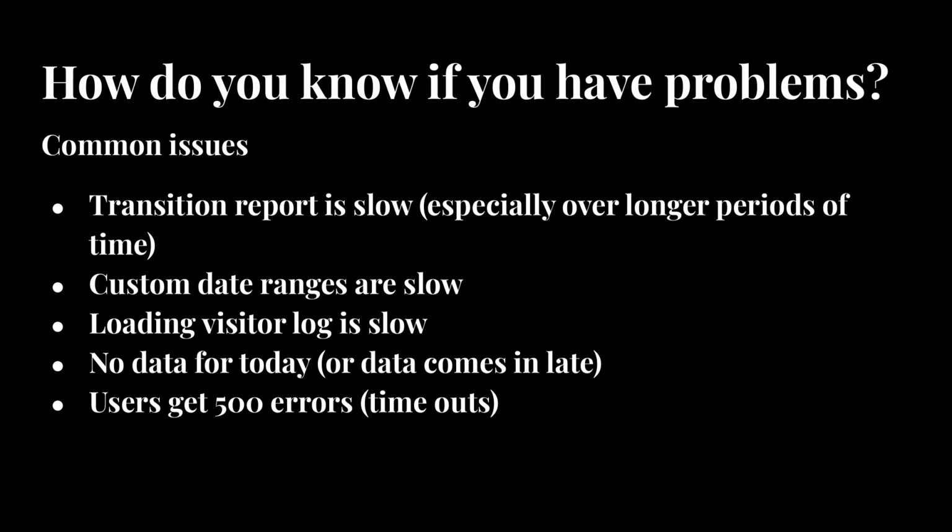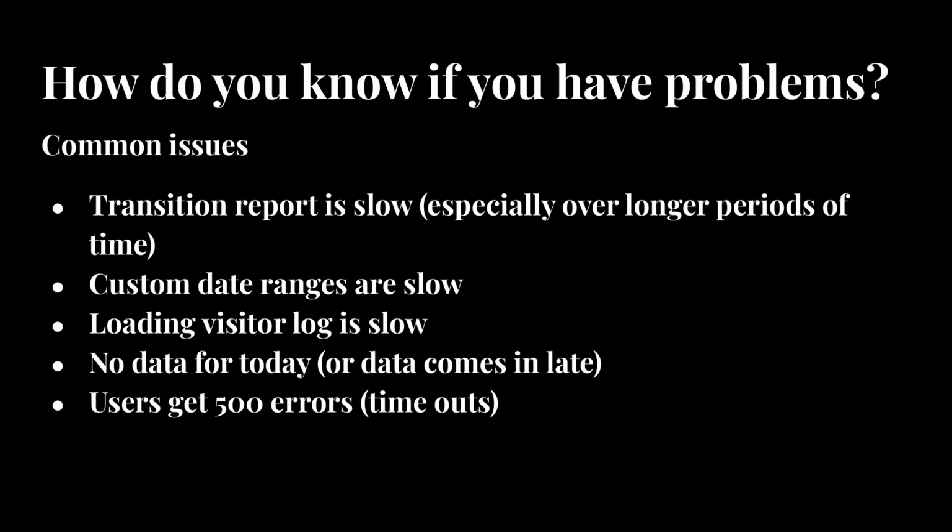The visitor log obviously can be slow. Sometimes today's data is not coming in as quickly as you would like. Maybe you don't see data for today until in the evening, or users get 500 errors or timeout errors or things like that.